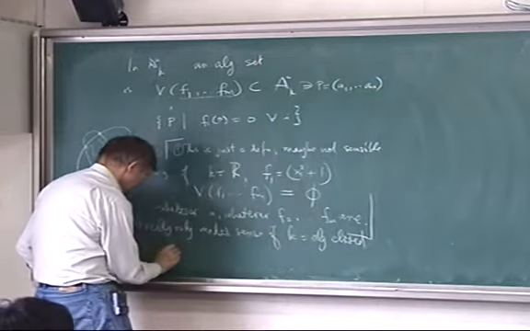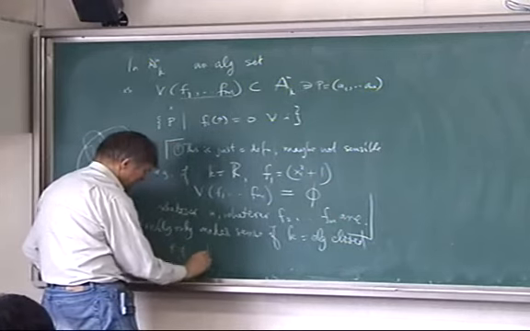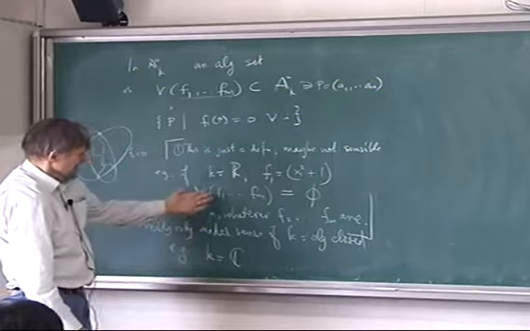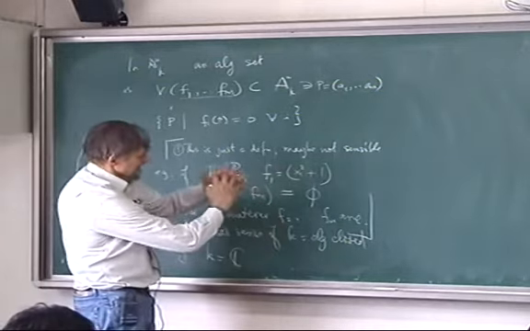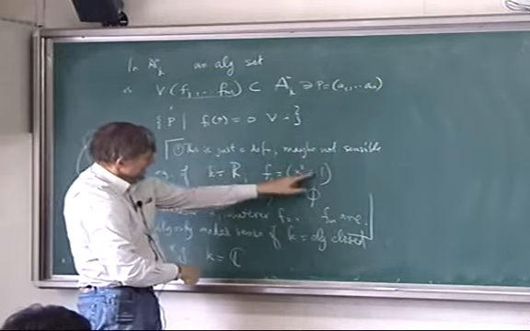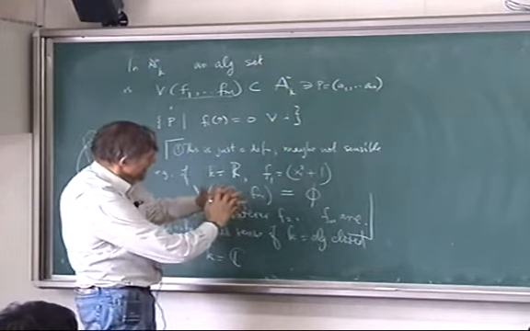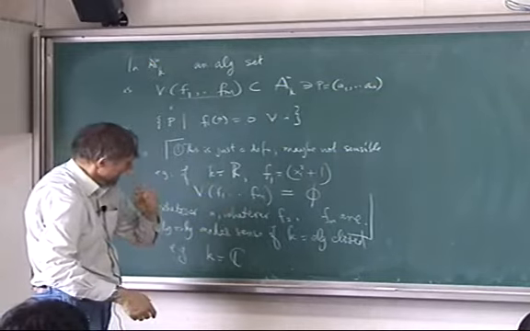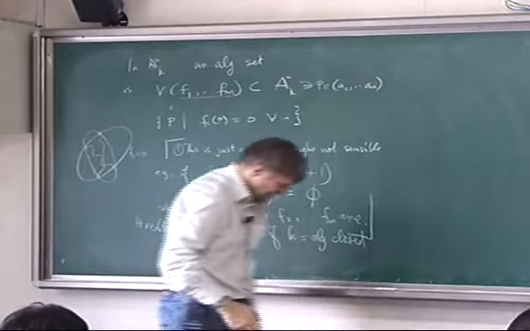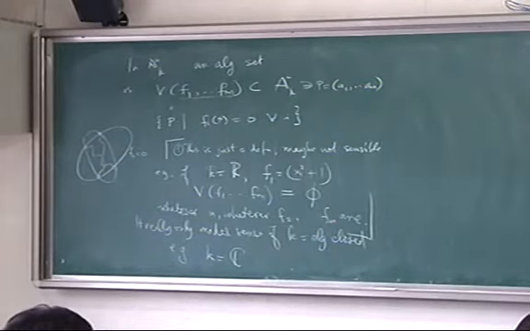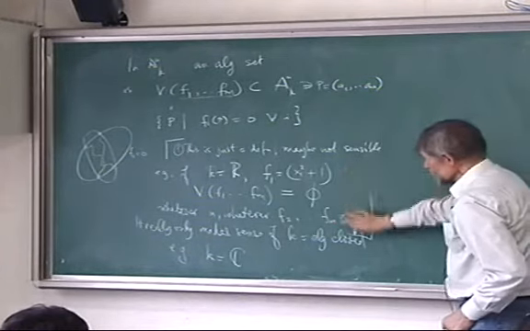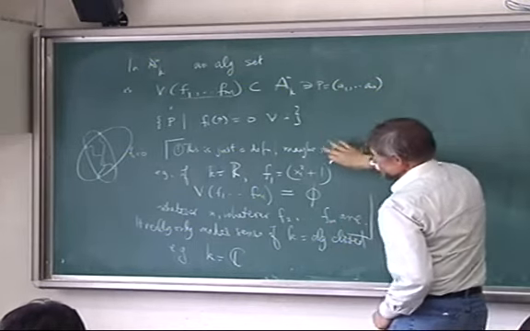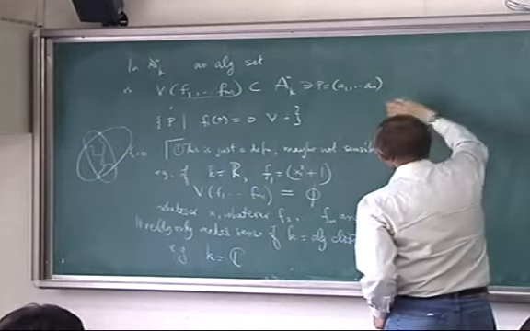So, e.g., k equals the complex numbers. If k is the complex numbers, then I write this down, and it's just two planes: x equals plus i and x equals minus i. That's two planes, and then all of the rest of the equations make sense in those two planes. So this is just a warning. I can make this definition if I want to, and the fact it's not sensible is just a secondary matter.